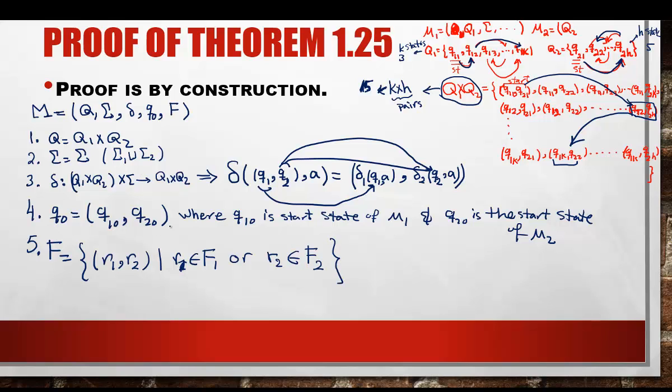Okay, so if you end up with a pair of states after you're done with your computation, you look at either one of those two states. If either of them is an accept state, then you accept the whole string. You reject the string if both of those states are not accept states. And this proves my theorem.